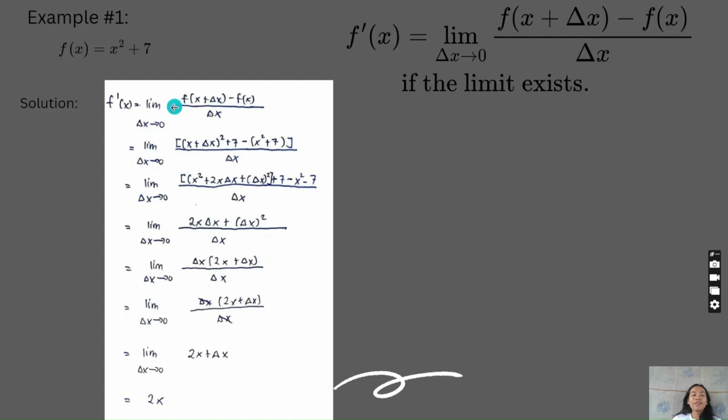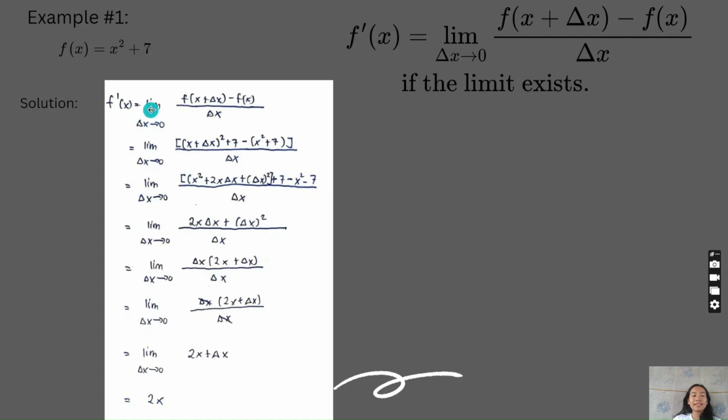Okay, now the first thing that we need to do is to have the derivative notation, which is f prime of x, since our algebraic expression is given as f of x. So, of course, we are going to use f prime of x. If it is y equals x squared plus 7, then it would be y prime as its notation.